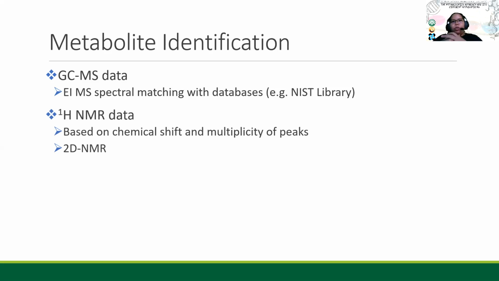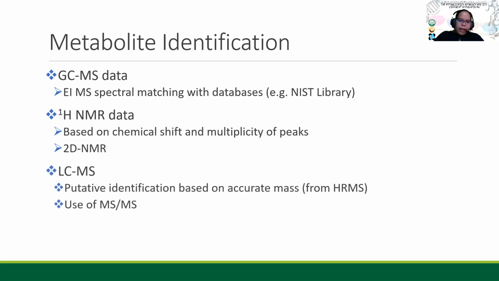Kapag medyo mas overlap na, pag mas complex yung mixtures, of course, that will be a bit difficult, but you can also make use of 2D NMR and yung functionalities nga ng Chenomx na profiling, which is yon sa mga analysis of mixture functionalities of softwares.